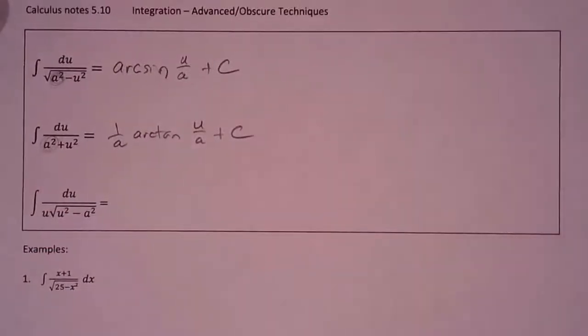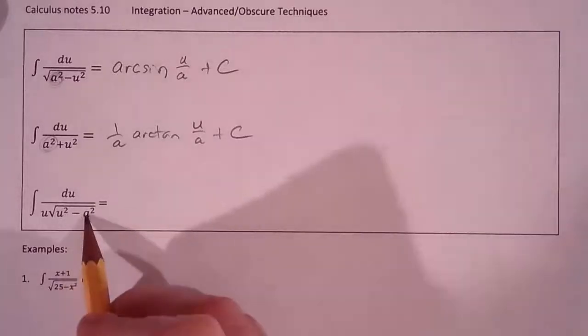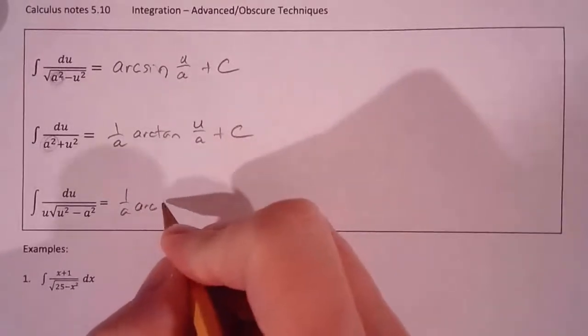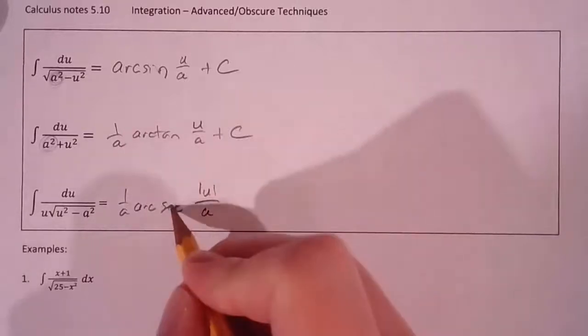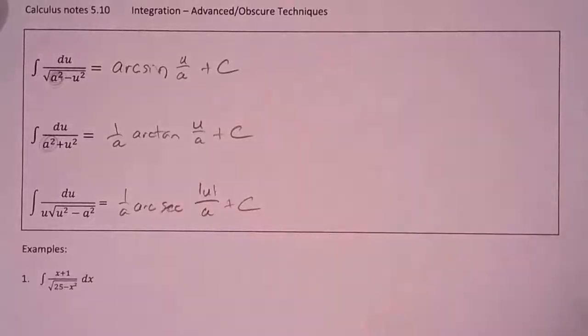Finally, if you have a pattern like this, you're going to end up with an arcsecant result. Again, this a here allows us to put 1 over a out front. The quantity of the arcsecant is going to be absolute value of u over a, and then we'll have a plus c tacked on.